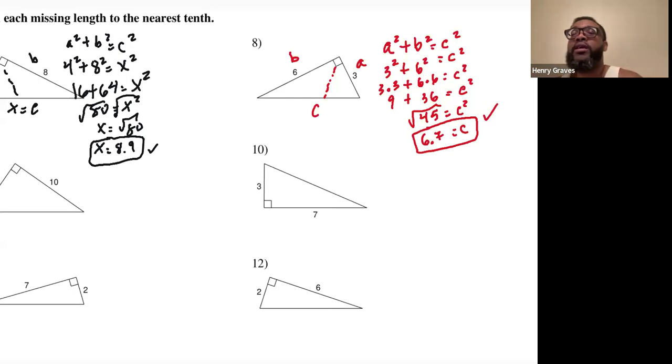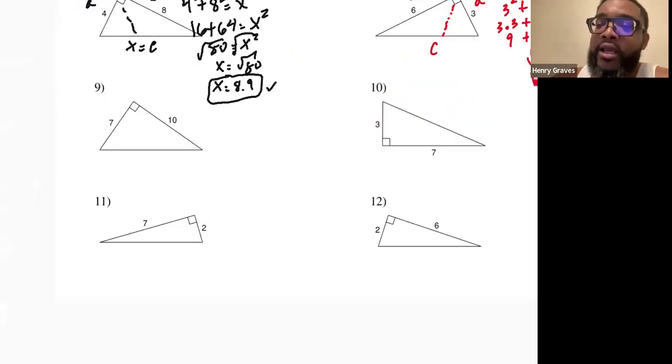Okay, on number 9, notice on number 9, again, it's the same thing. Directly across is my C. So I know that this is going to be my A because it's the smallest side. And the second biggest is 10. So I use my formula a squared plus b squared equals c squared.